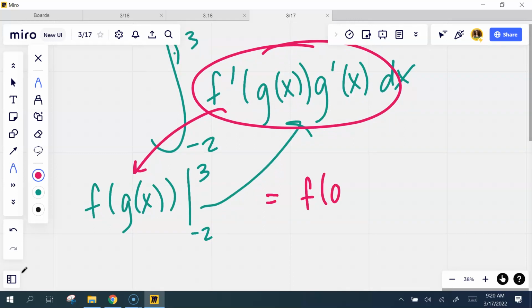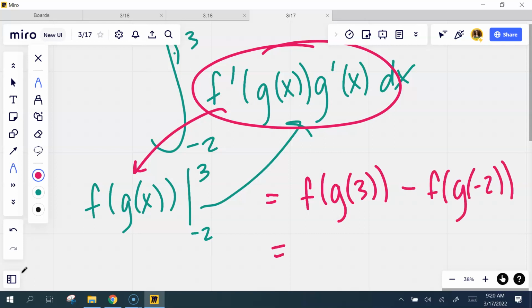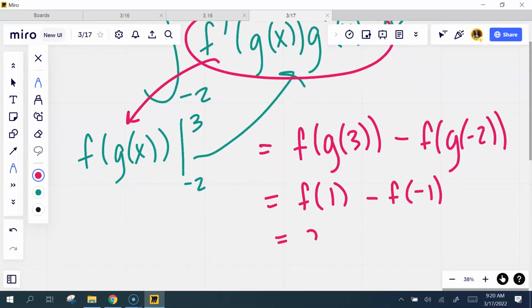Okay, so you do f of g of 3 minus f of g of -2. G of 3, again, these are straight from the table. G of 3 is 1. G of -2 is -1. Again, straight from the table, you get 2 minus 8, which is -6. This is another 3-pointer.